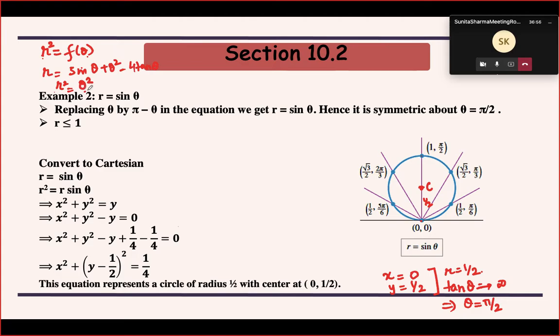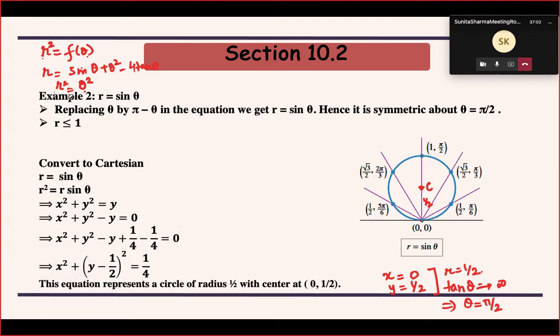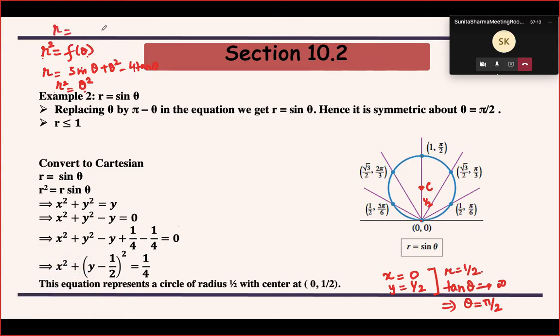But other than this, you won't be asked for the spiral shapes. You know how your polynomials look like. They are all spirals. So any such linear expression, if you have r equals a plus b theta, this type of expression you can do.